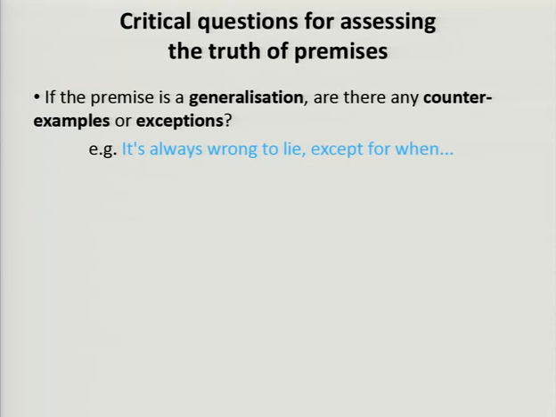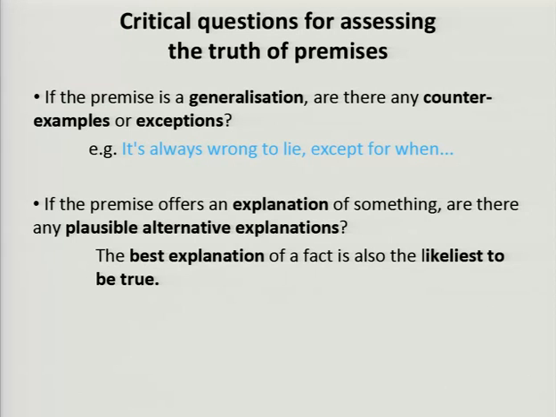It's always wrong to lie, except when, and you insert your favorite example. Except when you're telling a white lie. Whatever, except when you're trying to avoid some greater catastrophe and so on. That's where it gets interesting, and that's where it also gets problematic. But that's a good way to assess a premise.